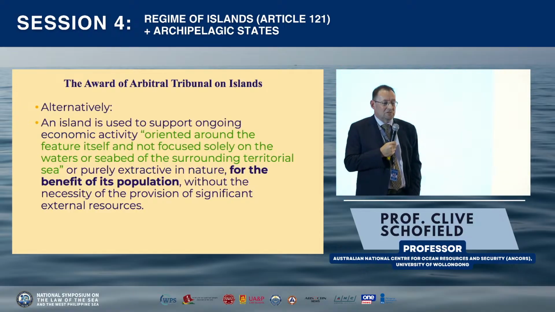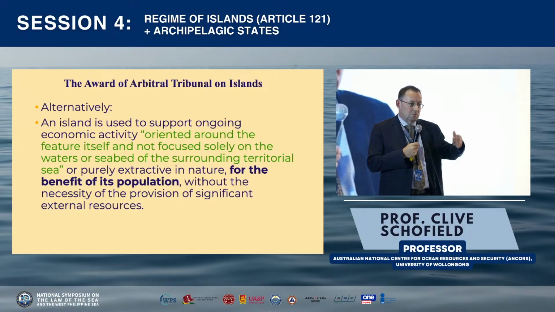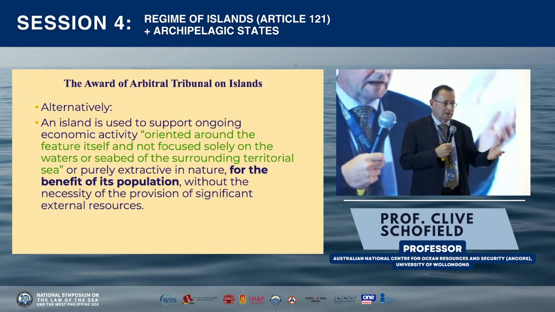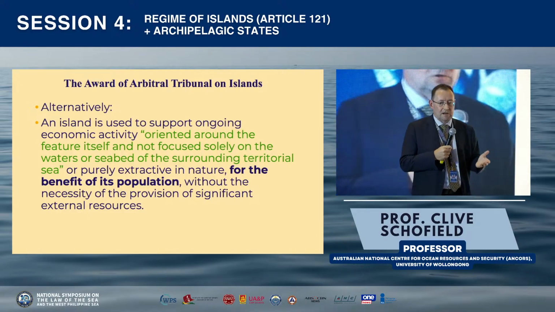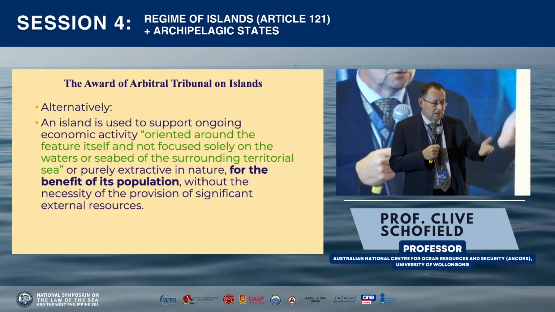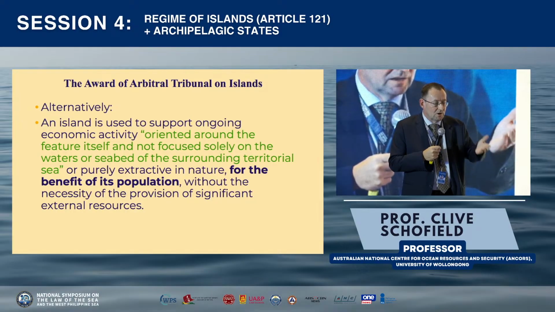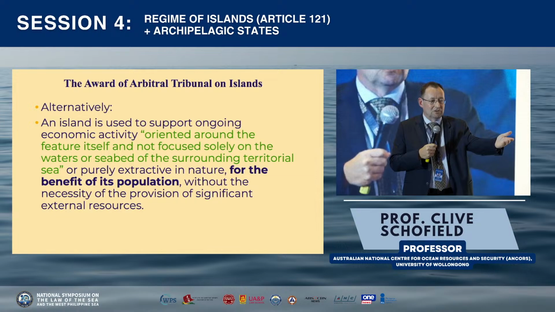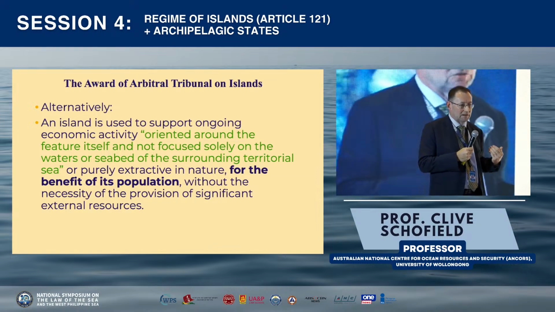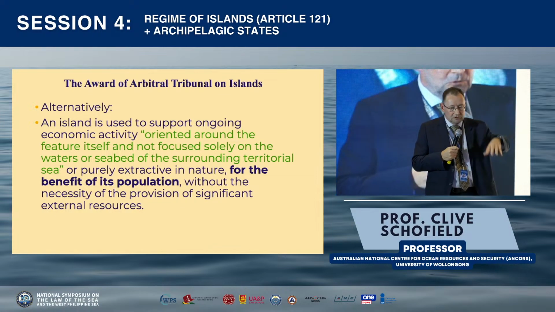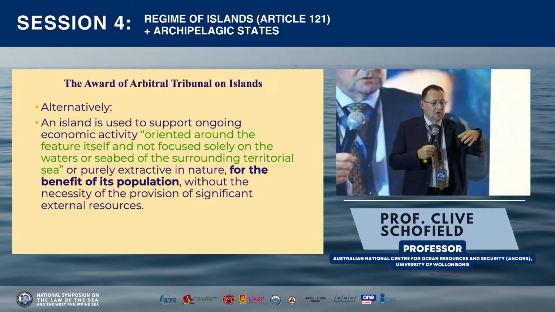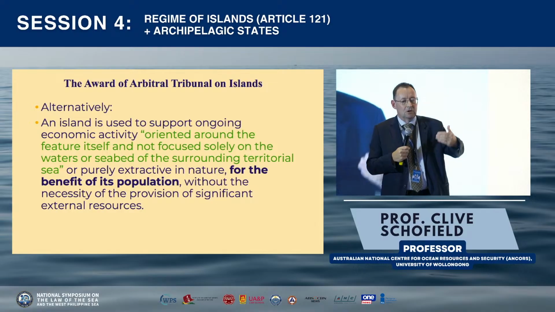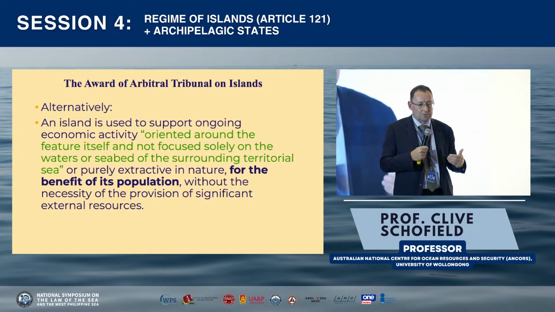If instead of talking about human habitation, you're talking about economic life, then that economic activity has to be oriented around the population of the island, rather than going to send a fishing vessel out to an isolated feature and bringing the catch back. The overall logic of the tribunal was that the whole idea behind the exclusive economic zone was to give economic benefit to the coastal population.